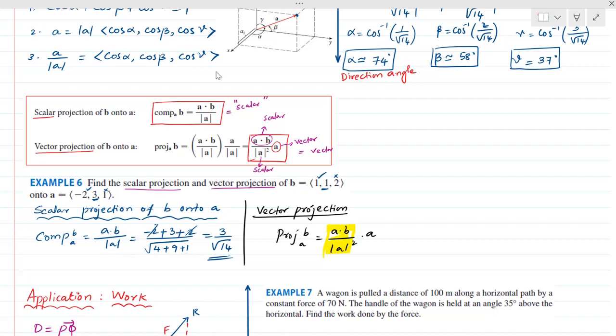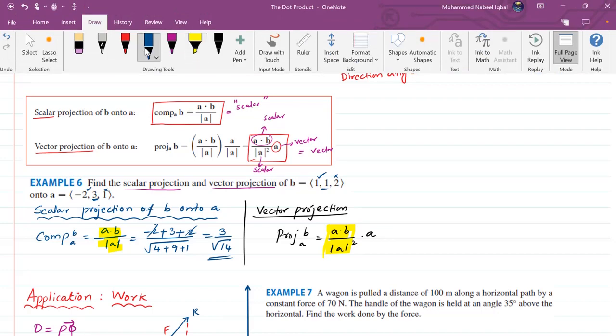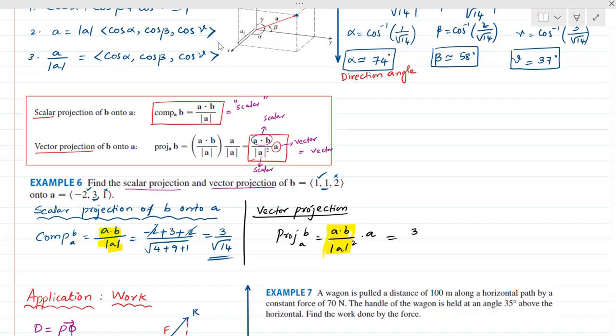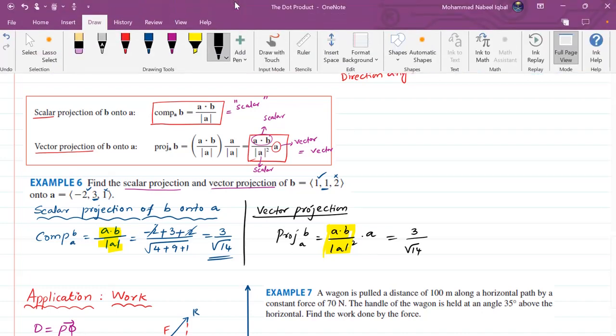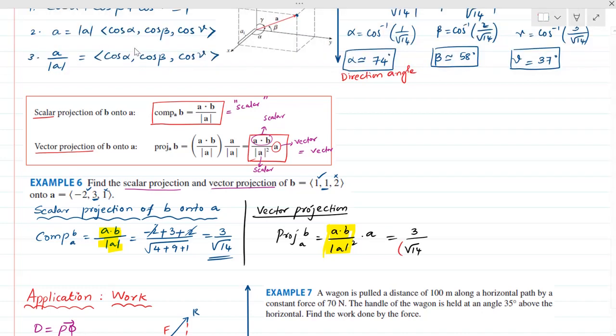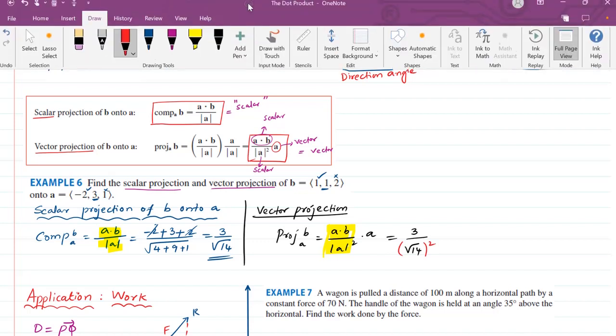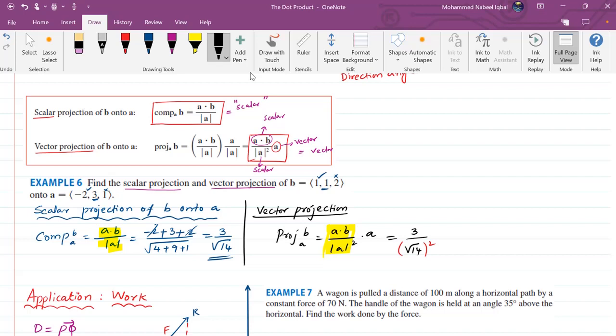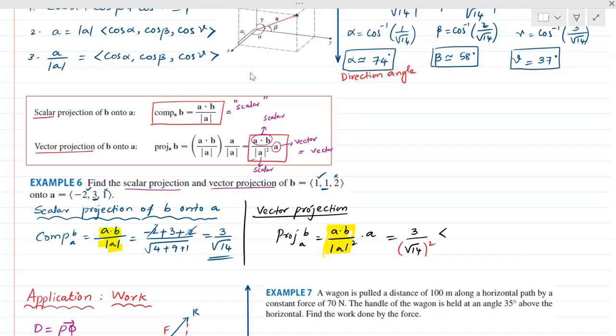Just square it, no need to calculate new things. So A dot B we have calculated, which is 3, over the length of A squared, which is 14. The only change is the whole square, the length squared, into A. What is A here? The A value is the vector minus 2, 3, 1.